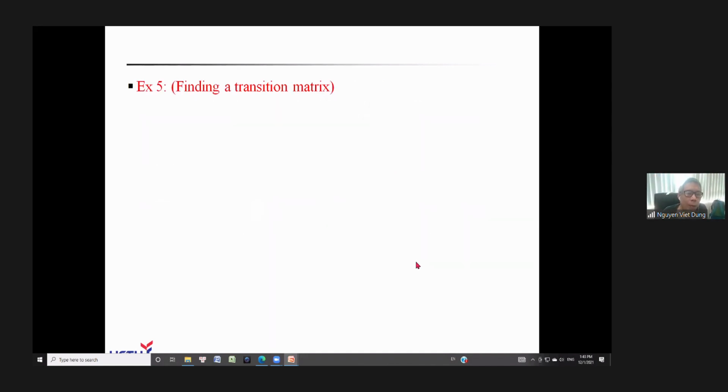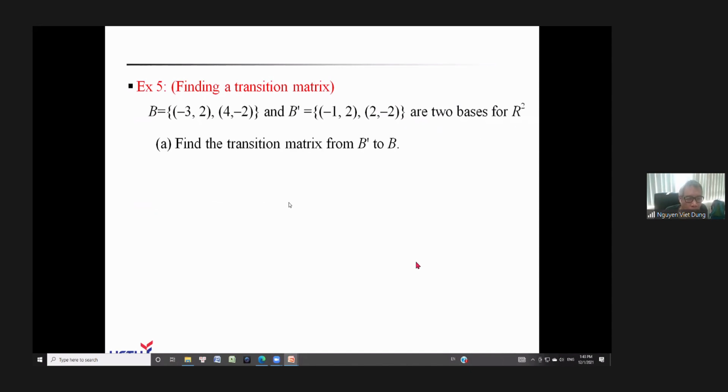And now, the best way is to look at an example. Suppose that we are given B like that and B prime like that. They are two different bases for R2. Then you have three things to do.